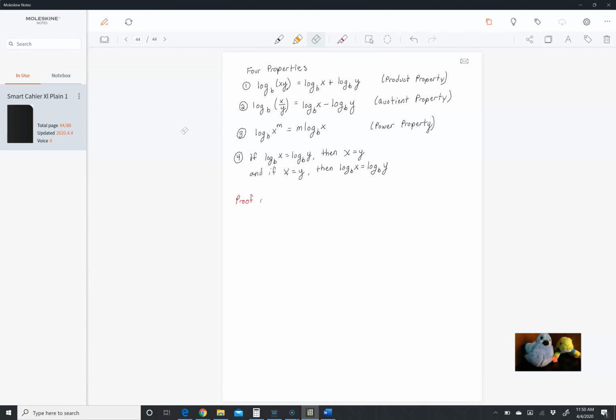And then we're going to do some applications where we simplify expressions. So our product property is log. I'm just going to flip what's on each side of the equal sign.